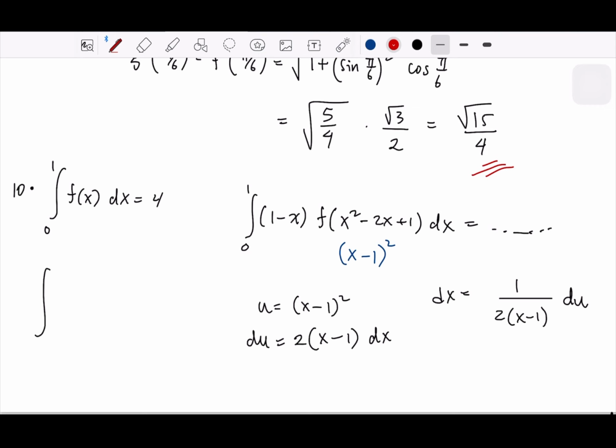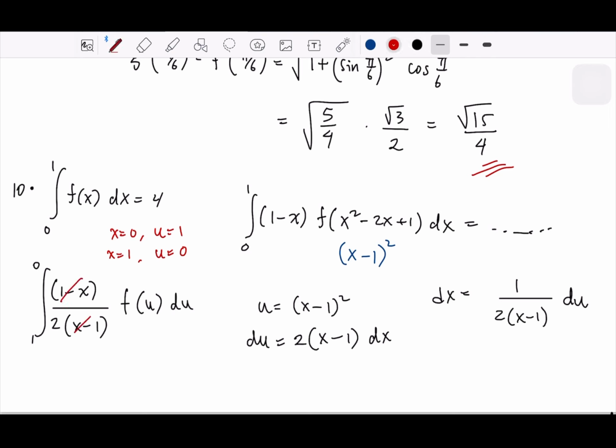So when x is 0, u is 1. When x is 1, u is 0. So this will be 1 to 0, f of (1 minus x), and then this will be canceling with this 2(x minus 1), and then this will be f(u) du.